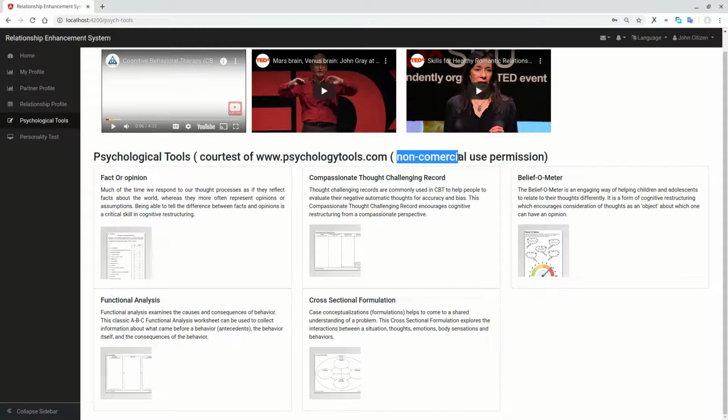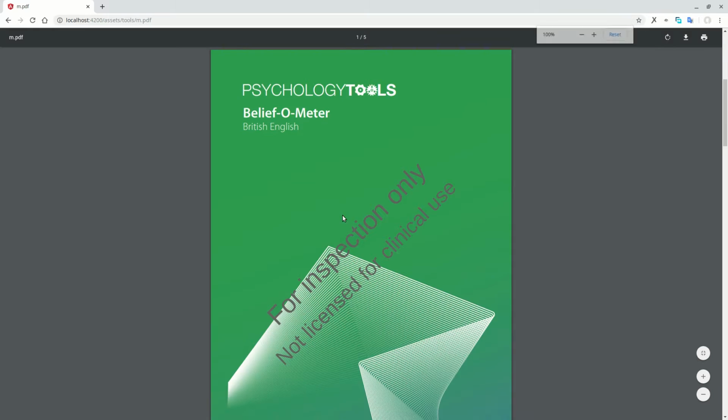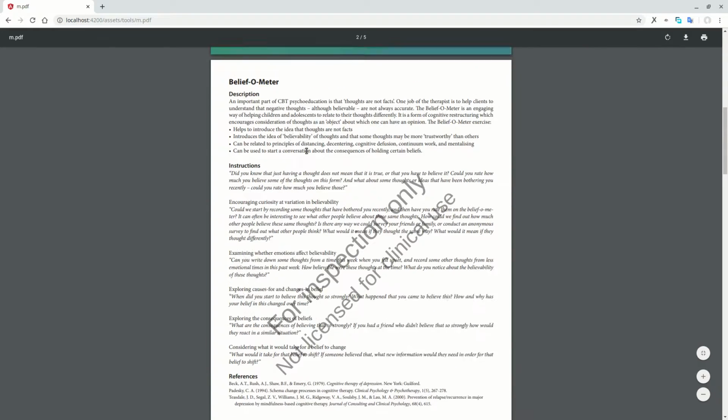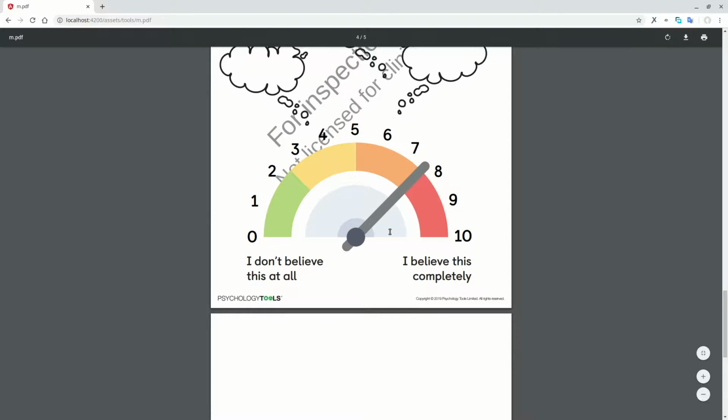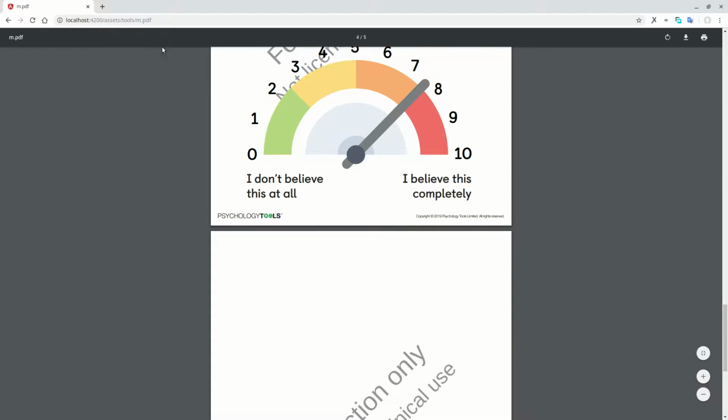They have given permission on their website for non-commercial use of these tools, and this project is just academic in nature. Each tool briefly discusses what it is supposed to achieve, and there's a worksheet and instructions on how to work with it.